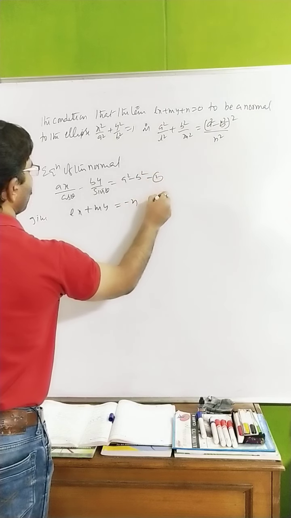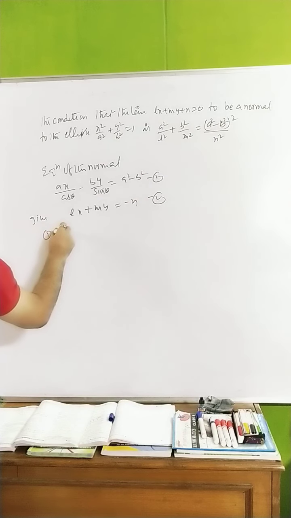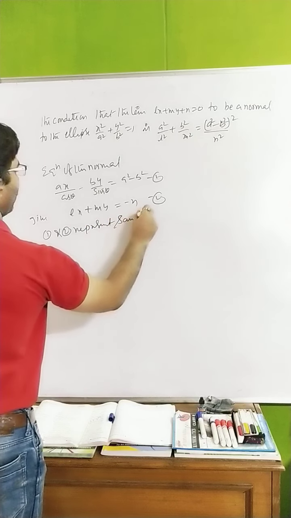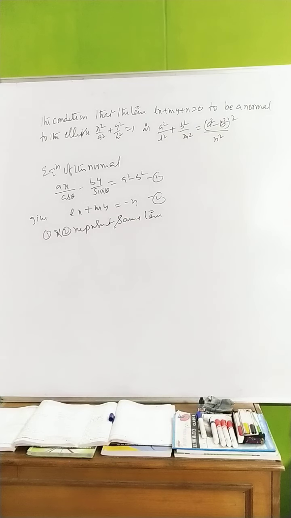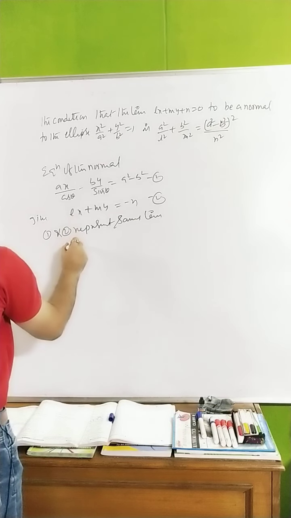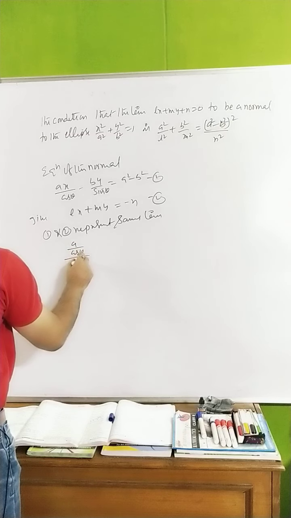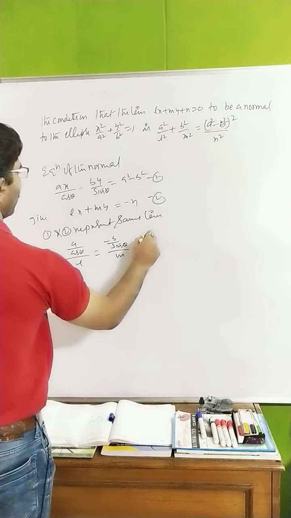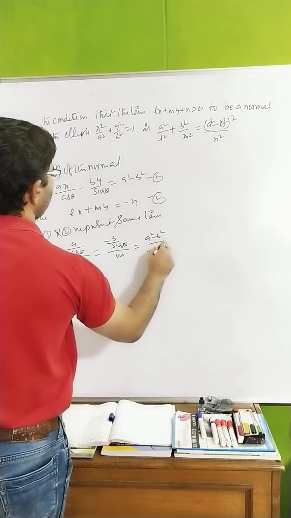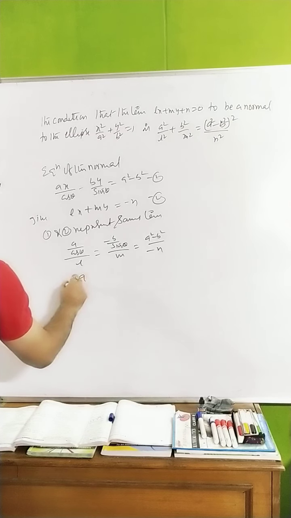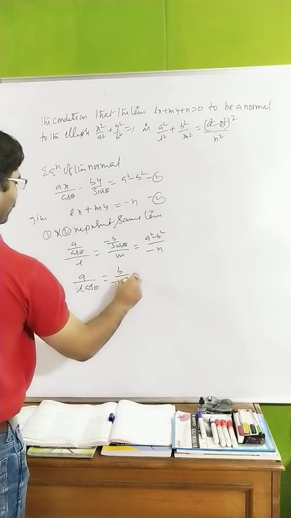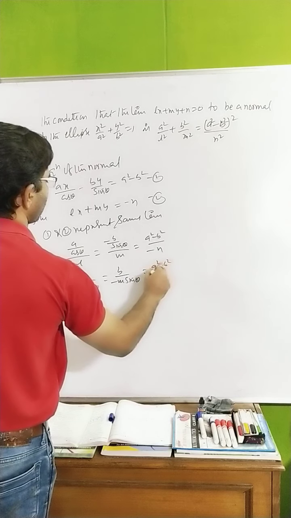These two represent the same line. If these two represent the same line, then I can compare: a by cos theta divided by L equals minus b by sin theta divided by M equals a square minus b square by minus n. So here a by L cos theta I will get, and b by minus M sin theta, and a square minus b square by minus n.